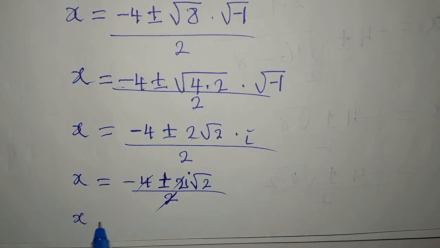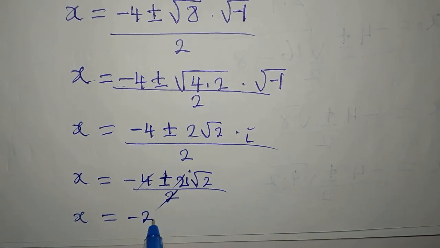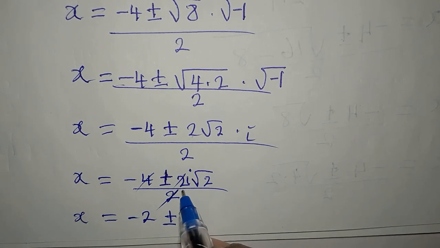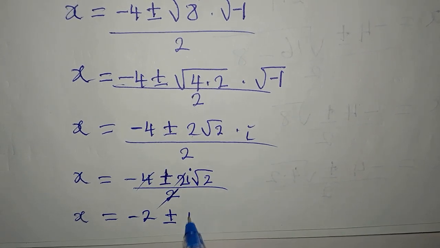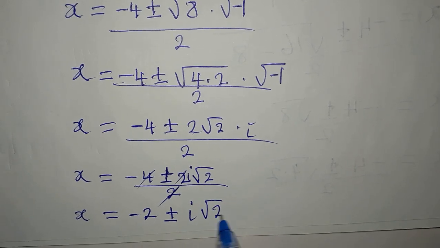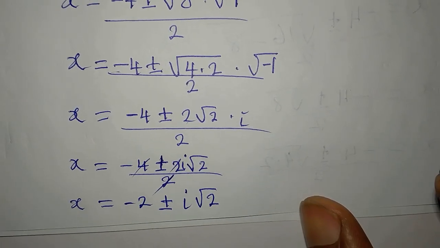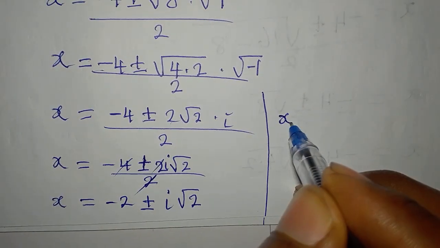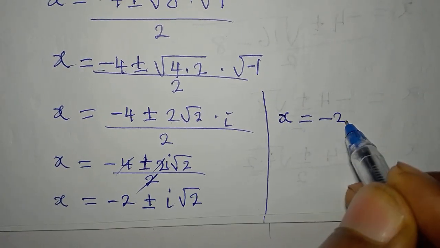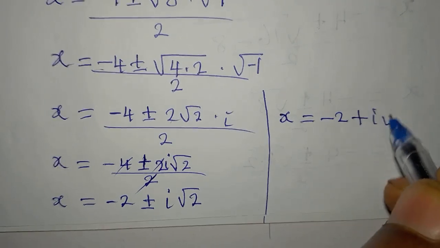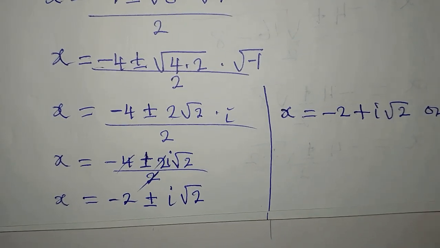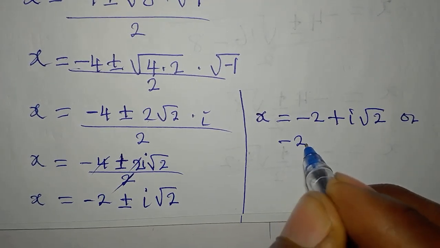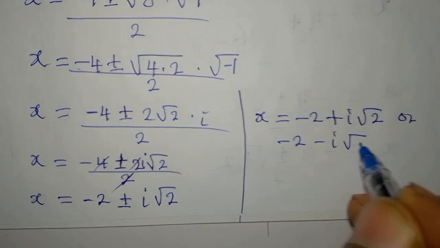Now we have x equal to minus 2 plus or minus, 2 into 2 is 1, then we have i over there, then root 2. Mind you, from here we still have two solutions. We have x equal to minus 2 plus i root 2, or minus 2 minus i root 2.